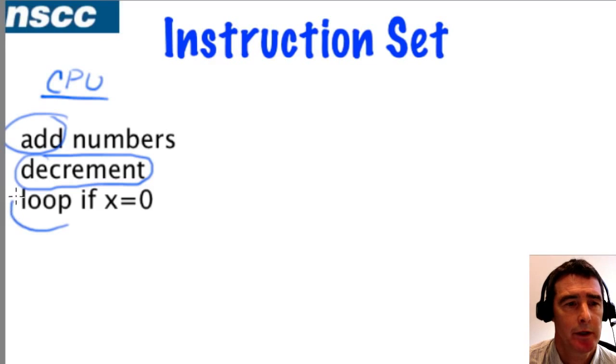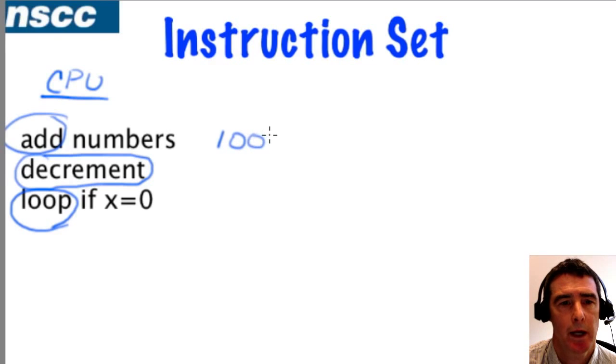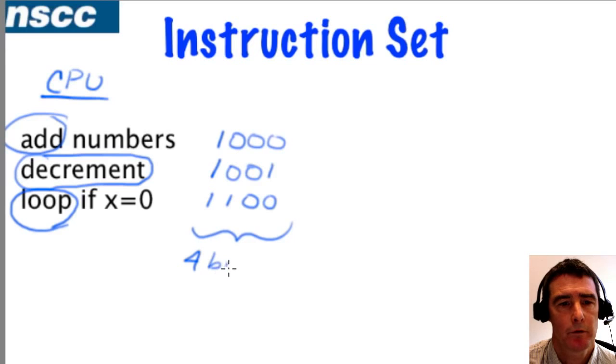It can loop, it can do what are called conditional tests, and each of these instructions has a certain code. So I might have a code for adding 2 numbers as a binary code like that using 4 bits. For decrement, it might be a different code. For looping, if some register was 0, maybe a different code yet again. All these instructions are 4-bit codes.